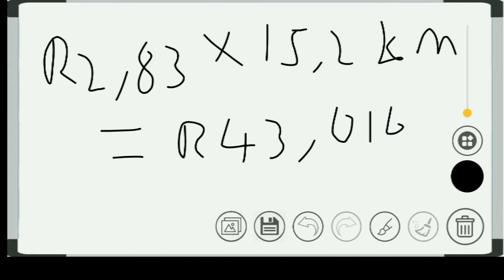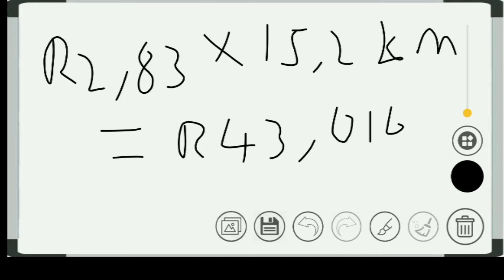So we have multiplied 2 rand 83 with 15.2 km, because the distance from the airport to the university is 15.2 km. The question says calculate the total amount to be paid by Lindo for a single cab trip, because the distance is 15.2 km and the cab charge is 2 rand 83 per kilometer. That means we multiply.